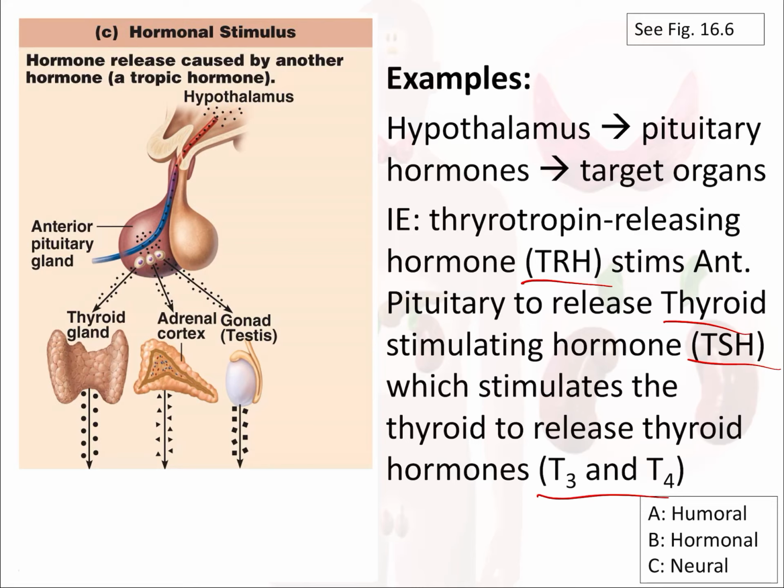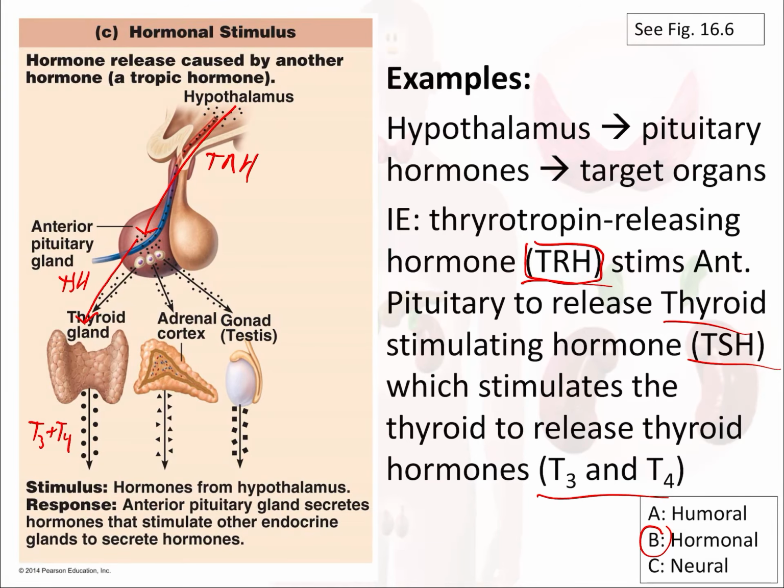All right, so hypothalamus here releases down to the pituitary, pituitary releases down to the thyroid. You can see that TRH would be here, TSH would be here, and then T3, T4 would be there. So this one's hormonal.